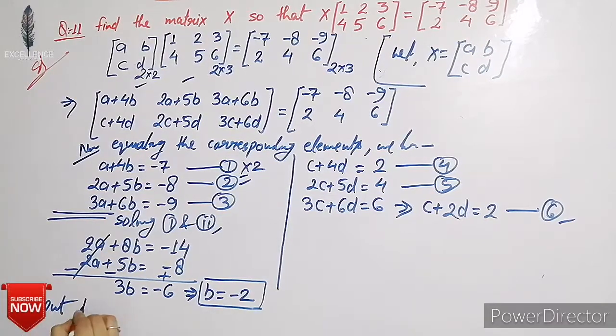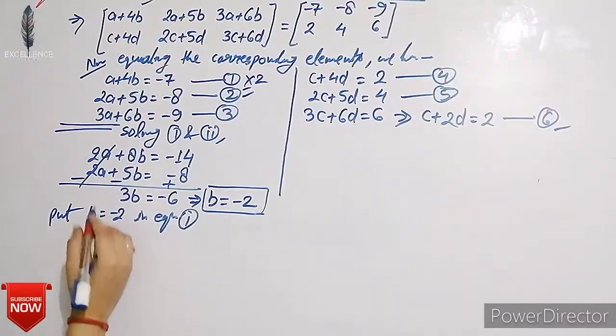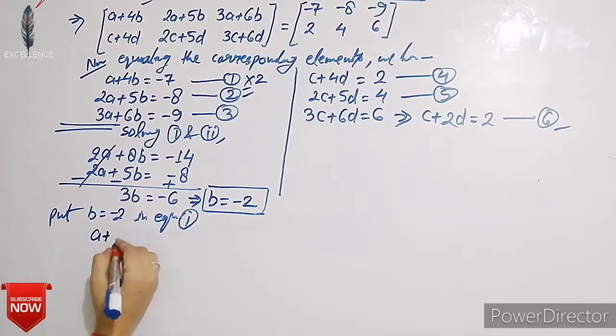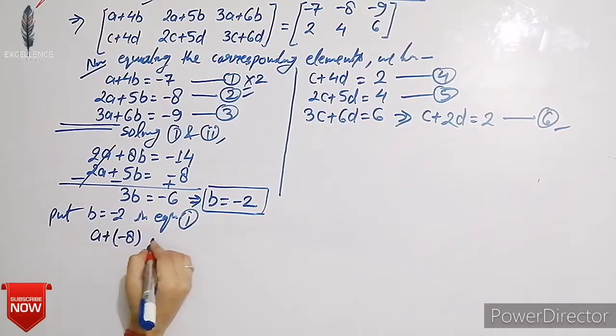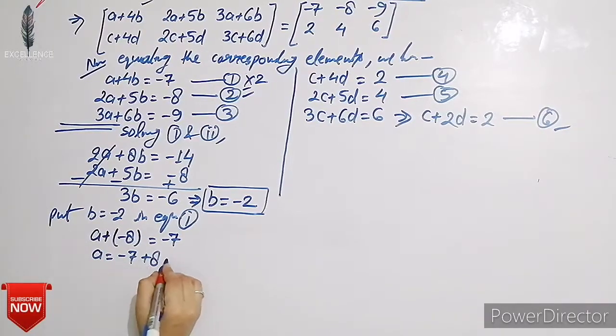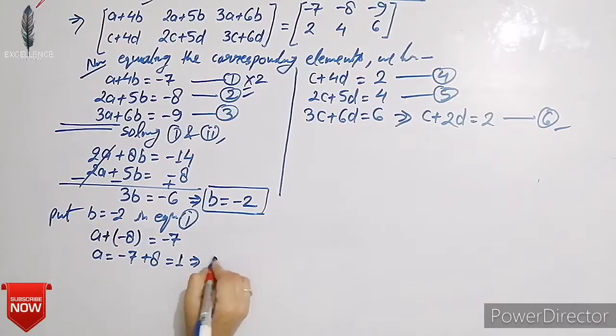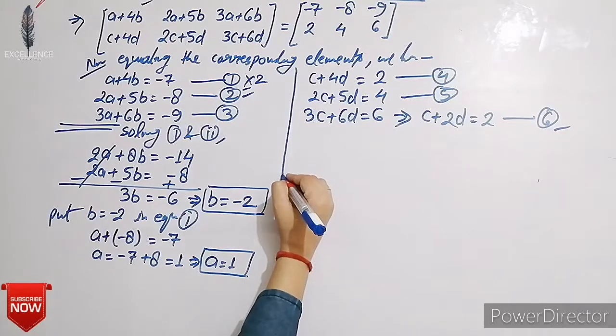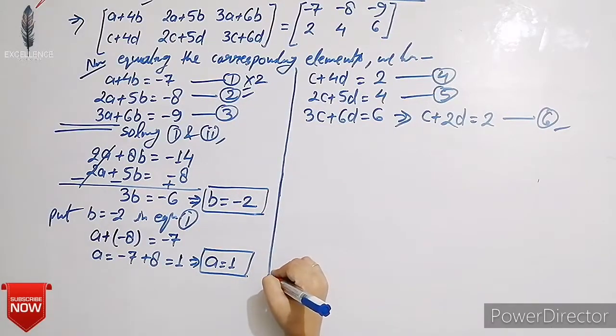Put B equals minus 2 in equation first, we get A plus 4B, that is 4 into minus 2, that is minus 8, equals minus 7. So A equals minus 7 plus 8, that is equal to 1.